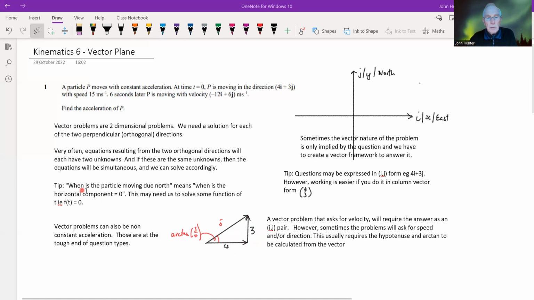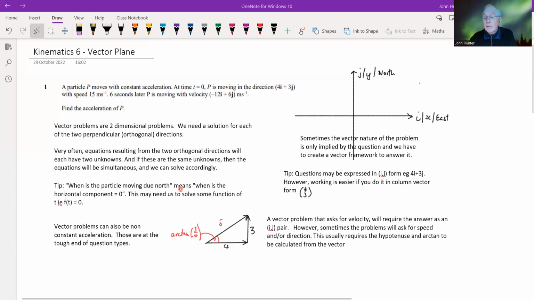Something to watch out for in these problems: some of the questions require you to interpret the vectors, and this is a typical one. When is the particle moving due north? If that's a question, then if you look at your velocity vector, it will be moving due north when it's got no easterly or i component, when that is 0.